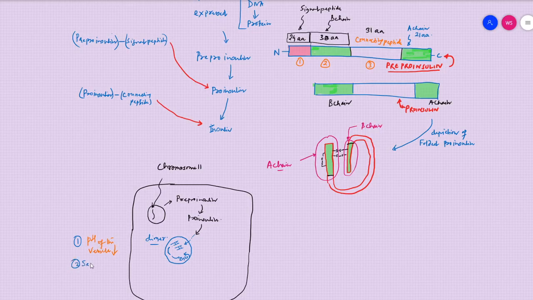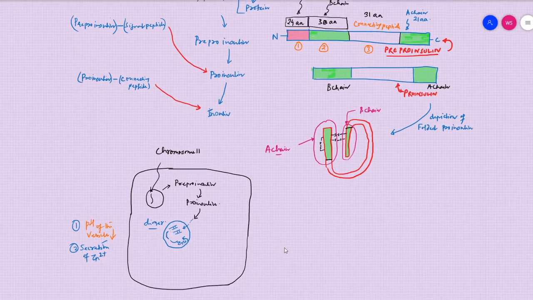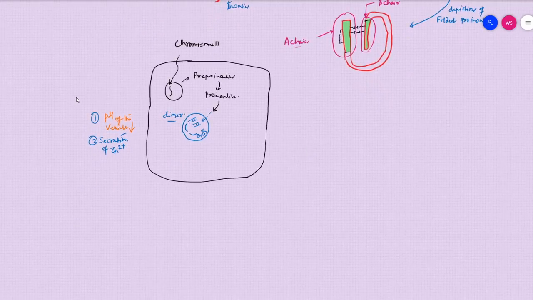The second event is secretion of zinc ions into the vesicle. Okay. So these are events happening inside the vesicle. The other event that happened was conversion of proinsulin to insulin plus C-peptide.